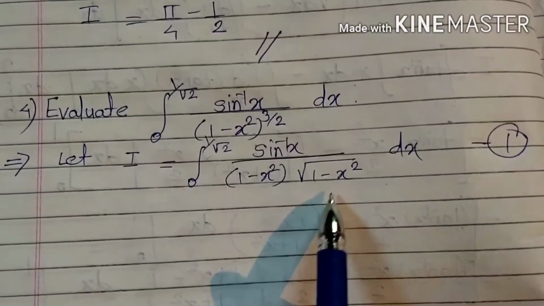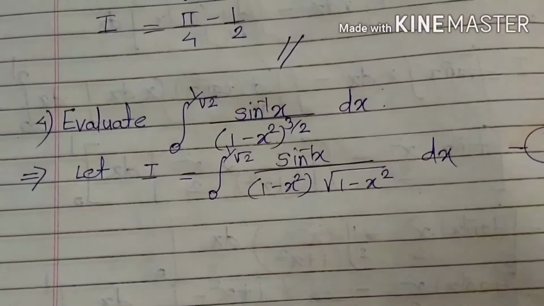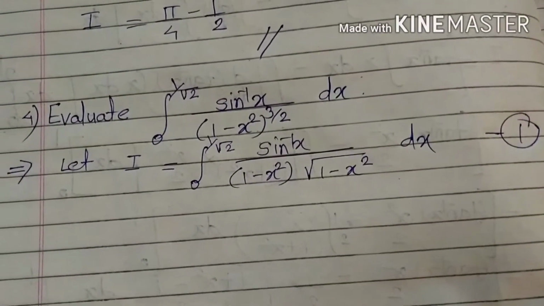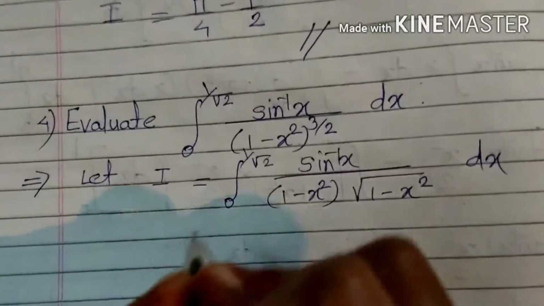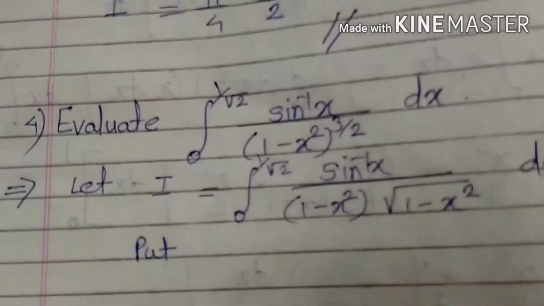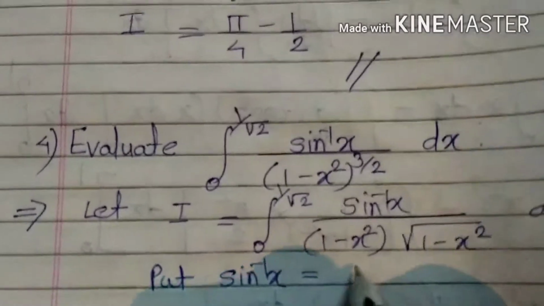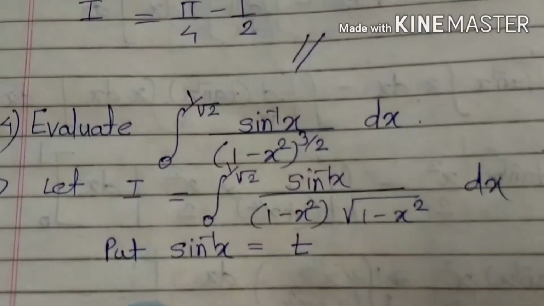Now this type of example will be solved by the substitution method, and we already saw the substitution method in indefinite integration. So here is our revision. Put sin inverse x is equal to t. Okay. Then differentiate with respect to x.